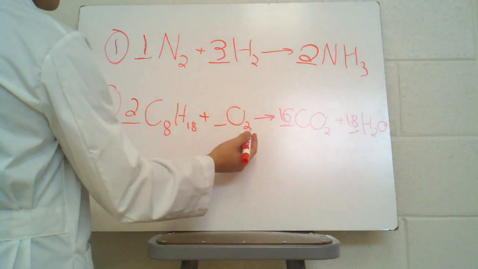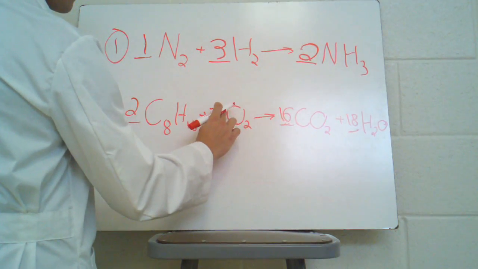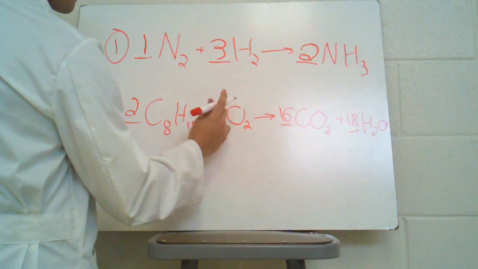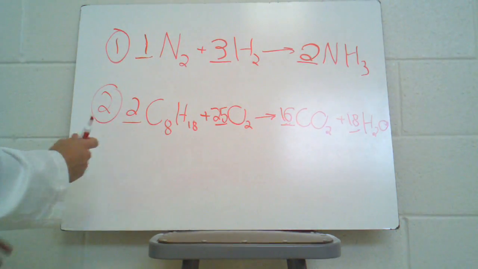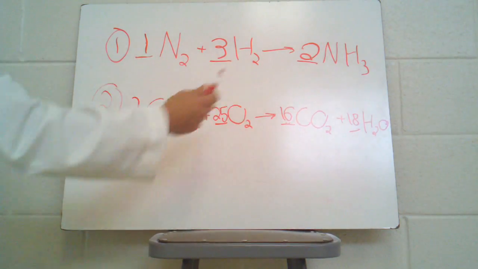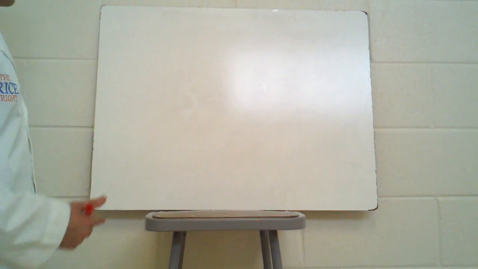So, 50 divided by 2 is 25. Oh man. Dear God. Excuse my poor handwriting. Alright. This is everything. It's all balanced. Ta-da!